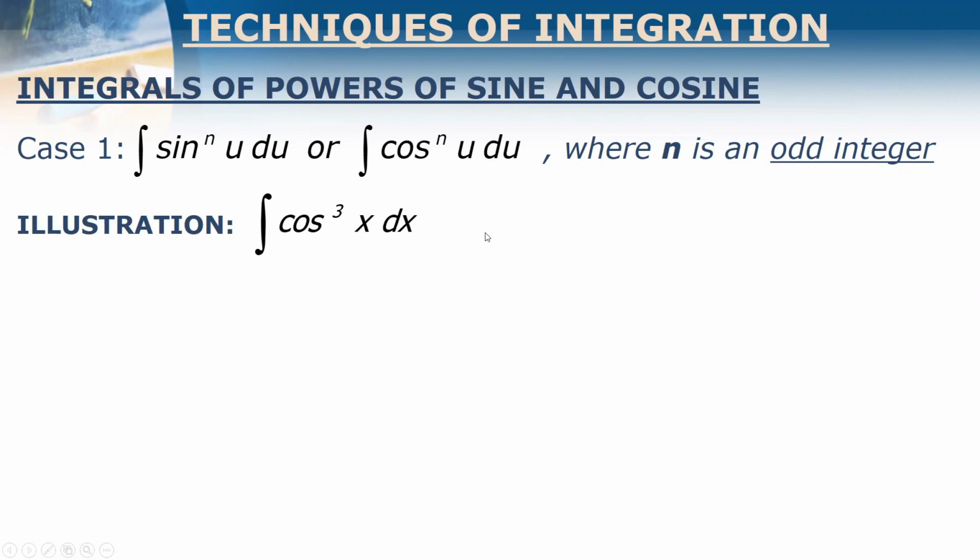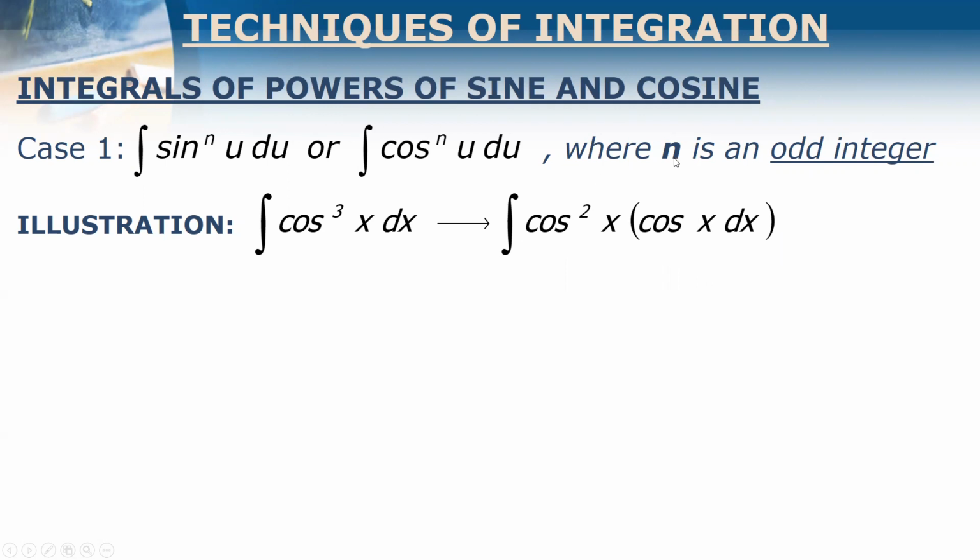Okay. Here's the technique. You rearrange, you extract one cosine to be part of du. So therefore, our u must be sine x, so that our du will be cosine x dx. So therefore, the remaining part of the integrand will now have an even exponent.